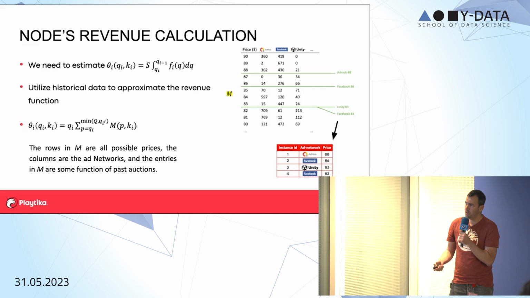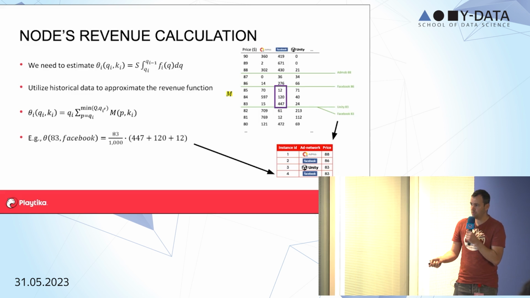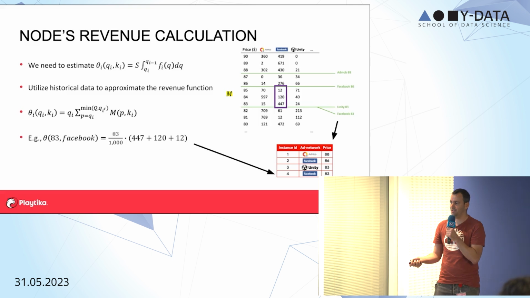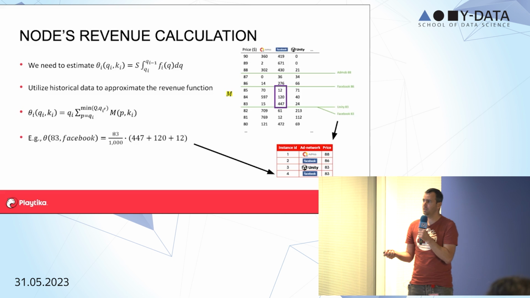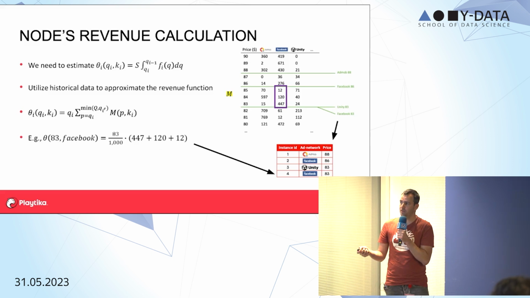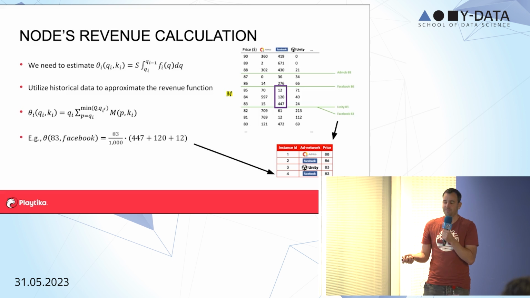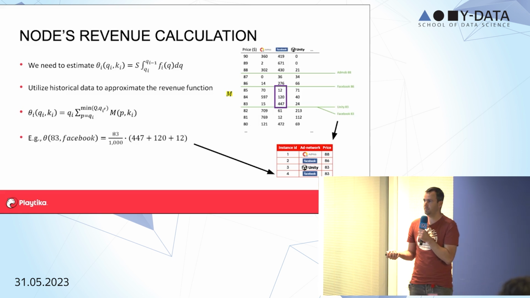And using this matrix, let's say we want to calculate the actual revenue of the fourth instance, for $83. For Facebook, $83, it will be $83 divided by 1,000, because as I said, the prices are per 1,000 impressions.